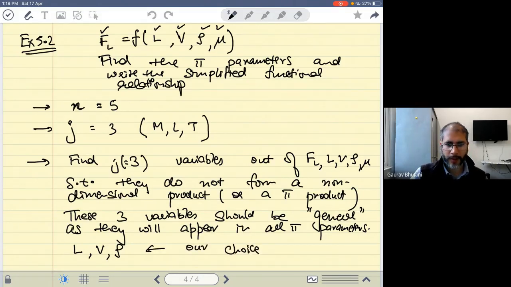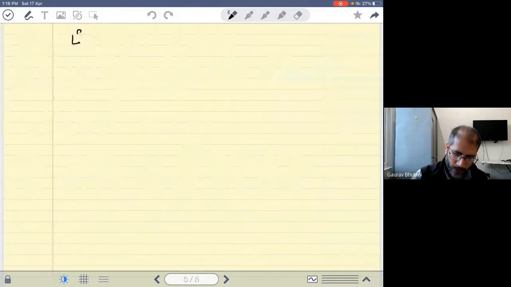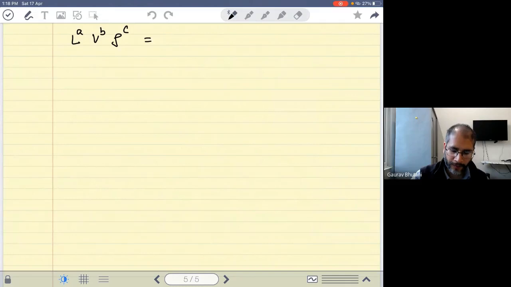So then, if we have made a choice, these three look general enough: length, velocity, and density. And let us see if they actually form a pi product. The way we check that is, we say L to the power of A, V to the power of B, and density to the power of C. If they form a non-dimensional number, then this will result in M0, L0, T0.